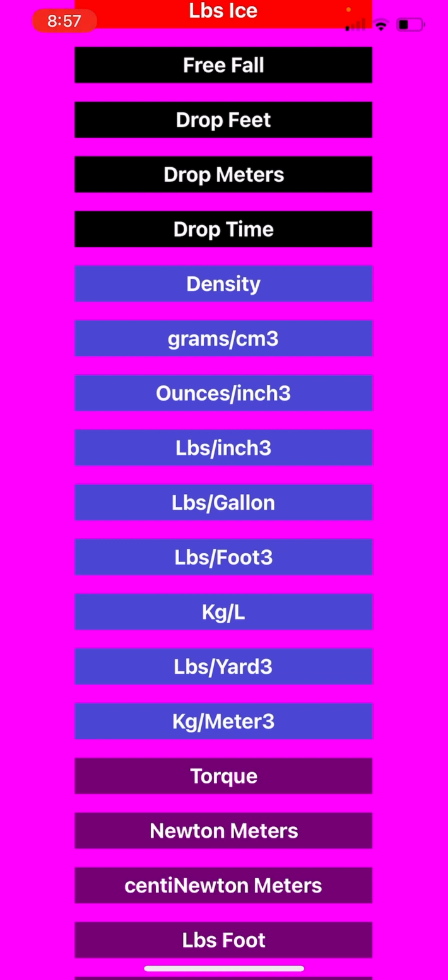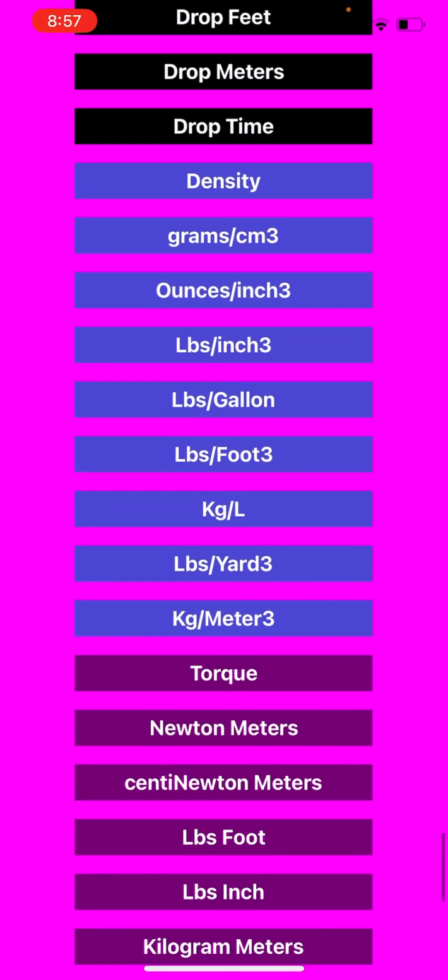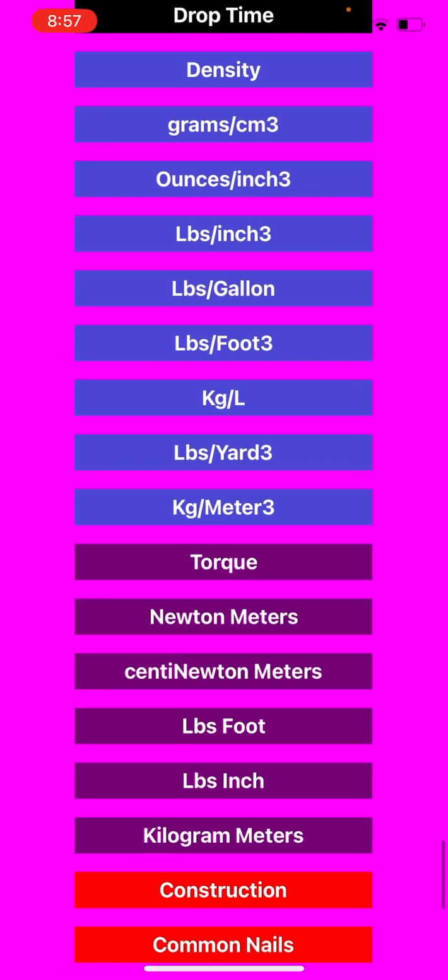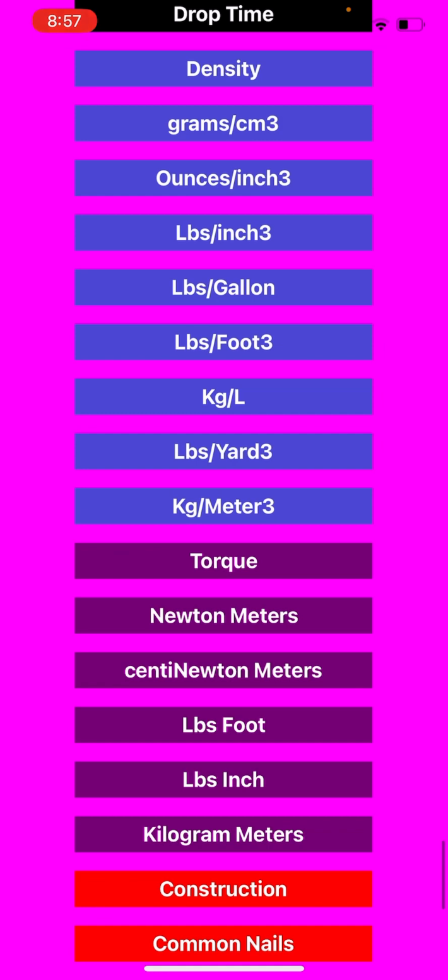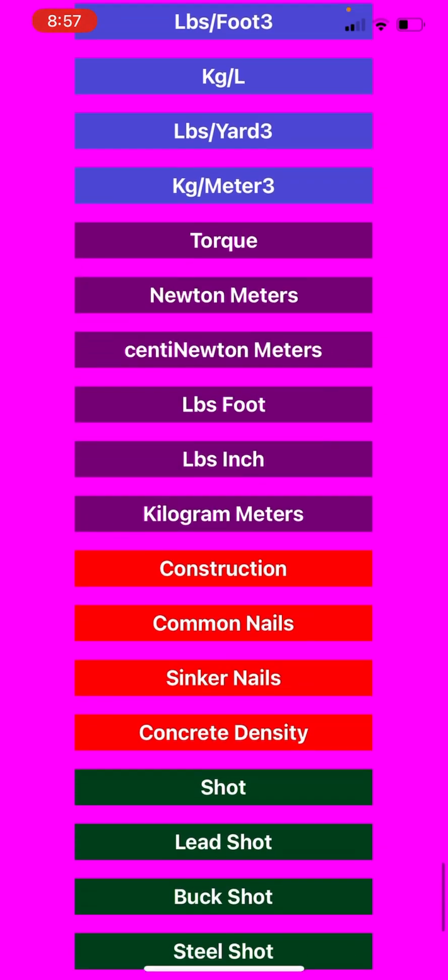You can figure it out based on the number of feet, the number of meters, or how much time. For instance, if something fell for 3 seconds, how far did it go? You can figure all that stuff out there. So really good for parachuting or whatever. We have density, such as lead versus something else, water or something like that.